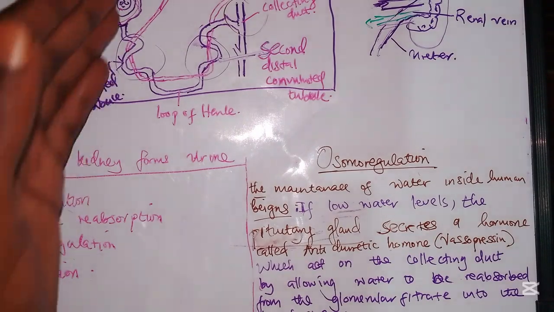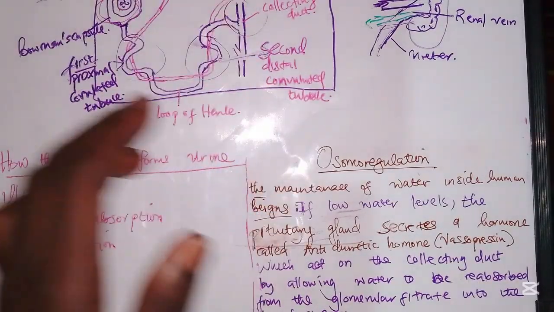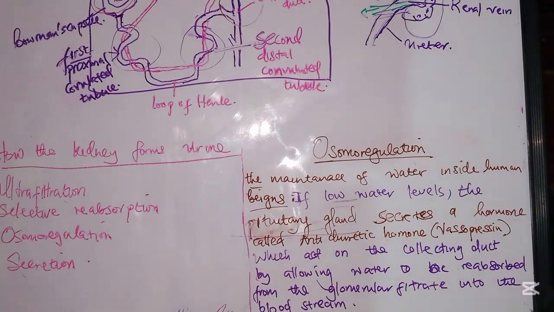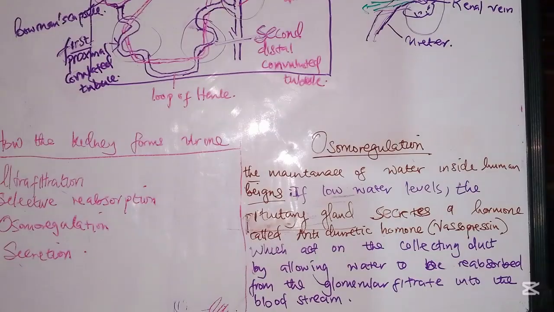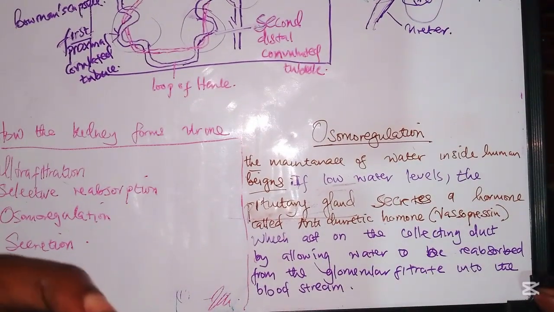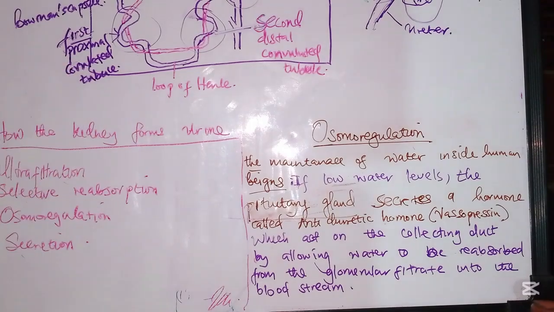So this fluid which is found in this tube until the collecting duct is known as the glomerular filtrate, including the urine. The urine is the glomerular filtrate because it passes the what? The filter. Then we say that what remains on the filter is the residue.